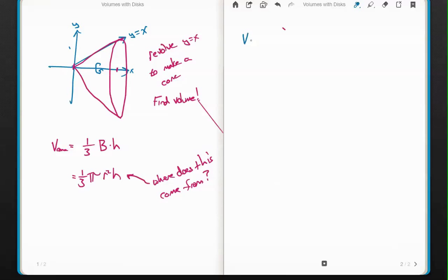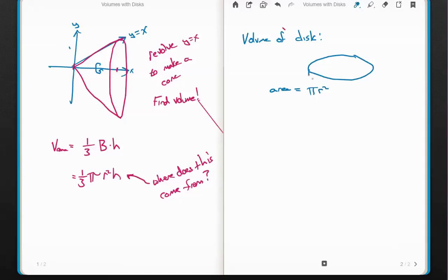Now, a formula that I do know a little bit better, and that I actually believe, is the volume of a disk. I know that the area of a disk, area equals pi r squared. That's the area of a circle.